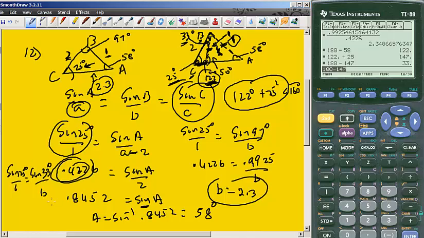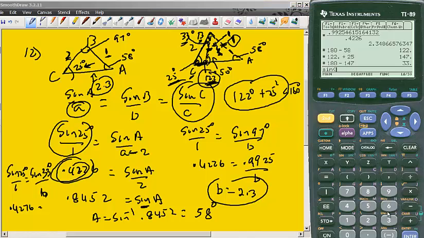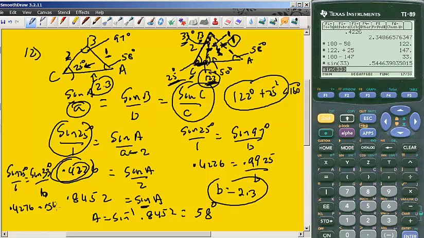We already found out what the left hand side is, 0.4226, is equal to sine of 33 degrees over b. So let's go find that. Sine of 33 degrees is 0.5446 over b. Of course, we're going to cross multiply that and solve for b.